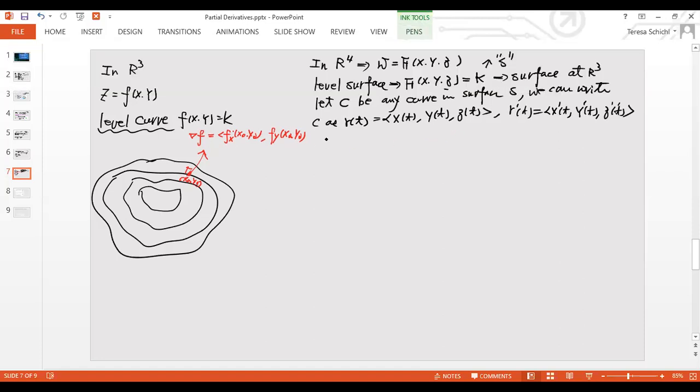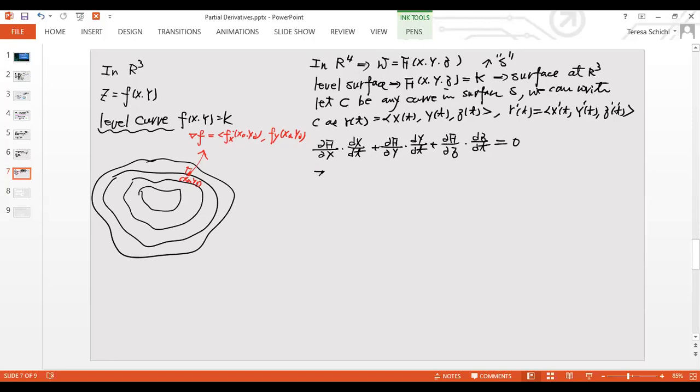All right, so now if I want to take the derivative of this, I say ∂F/∂x, because x is a function of t, so I need dx/dt, plus ∂F/∂y times dy/dt, plus ∂F/∂z times dz/dt, right? This derivative is equal to zero because F is constant.